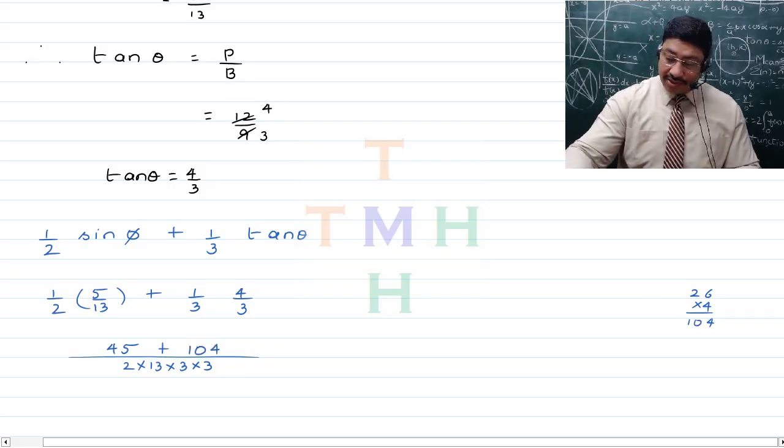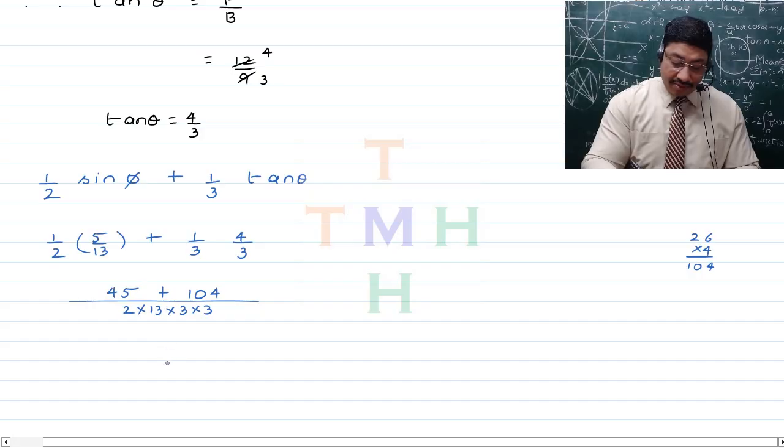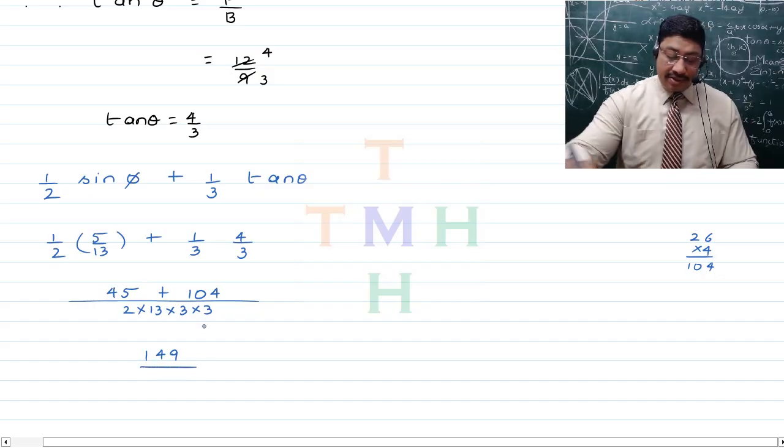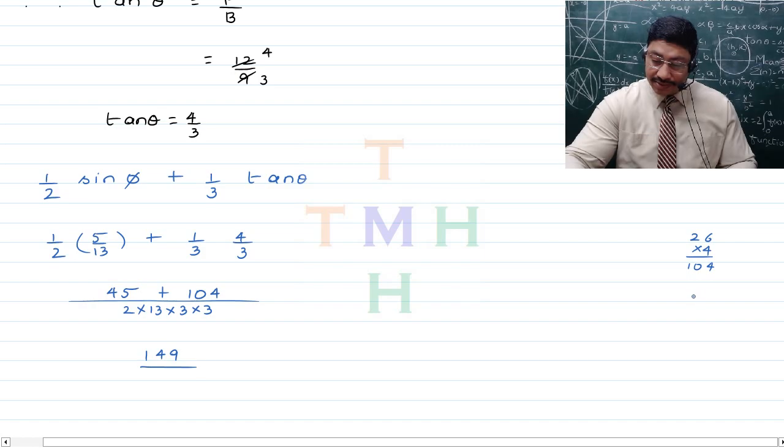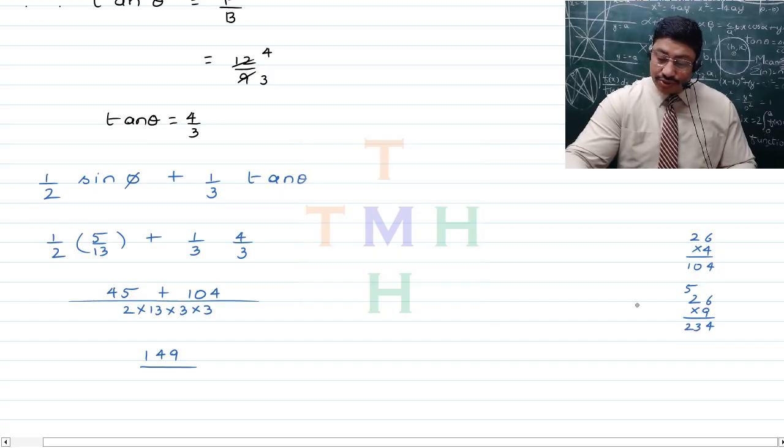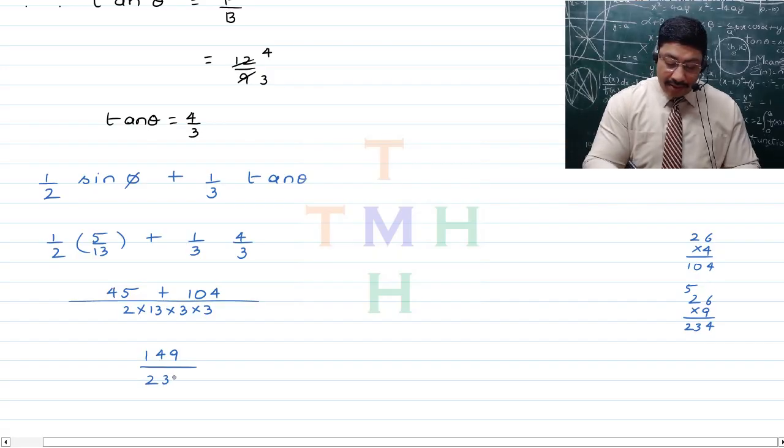And now children, if we write this, this is going to become equal to 4 and 5 is 9, then we have 4 and then we have 149 divided by this denominator, which is 13, 2 is 26 into 9, right? So 9 6 is 54, 5 remainder, 9 to the 8 and 8 and 5 is 23, so 234, right? So this, children, is going to become the final answer.